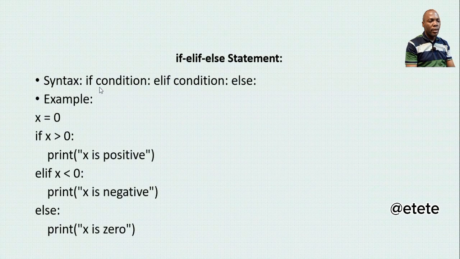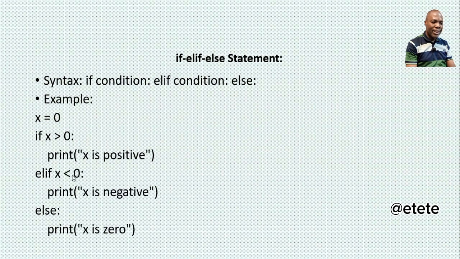Now syntax, if condition, if condition. This is where you have multiple conditions to give you an expected output. So you can use the if elif else statement. Here, the example is you are assigning 0 to x. Now, if x is greater than 0, go in and carry out this instruction, which is print "x is positive".